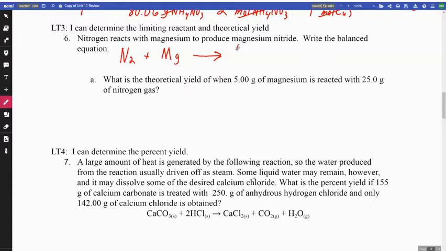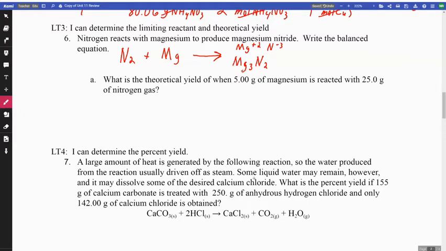So magnesium, which is +2, nitride, which is -3. If we balance those out, we're going to need 3 magnesiums and 2 nitrogens. So that is going to work out to be Mg3N2.